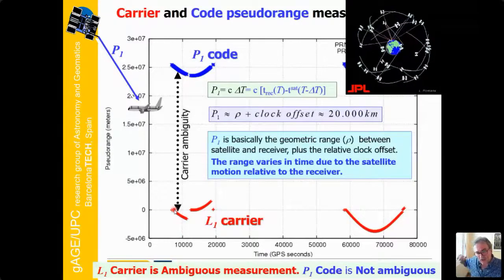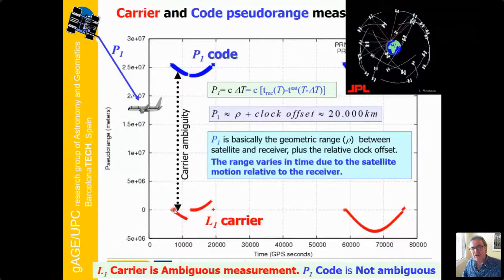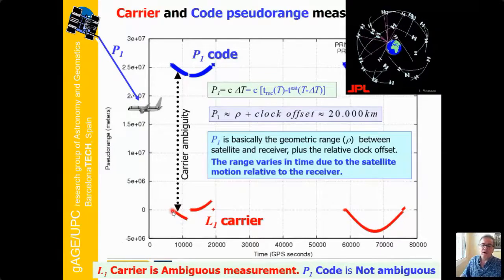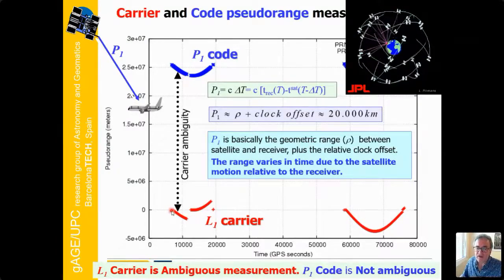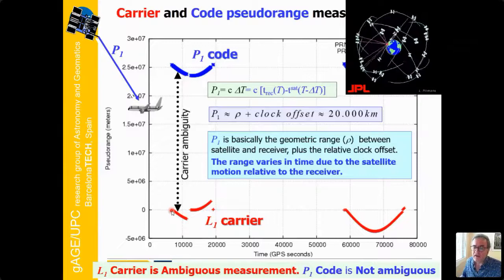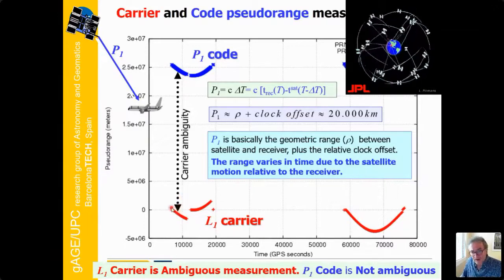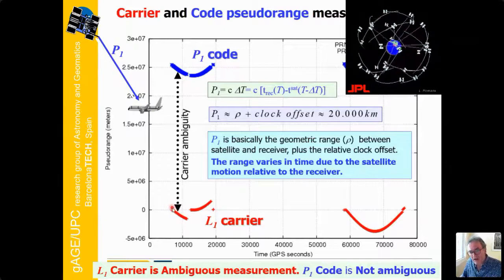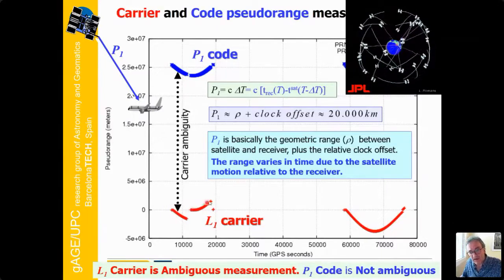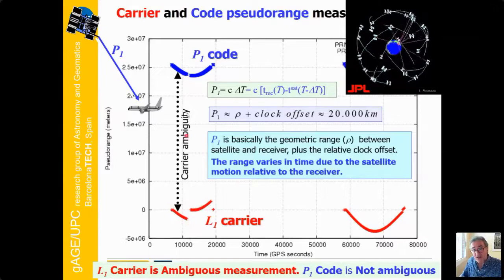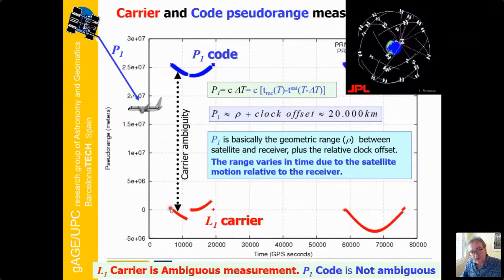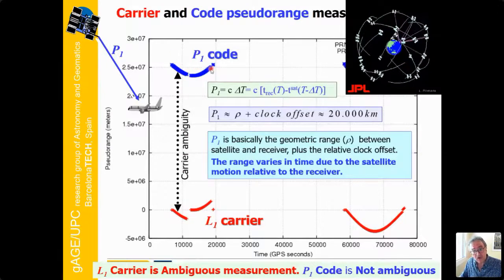Then the receiver locks the signal, estimates the fractional carrier phase, and then accumulates cycles. As you can see, the pattern in carrier phase is the same as in the code.